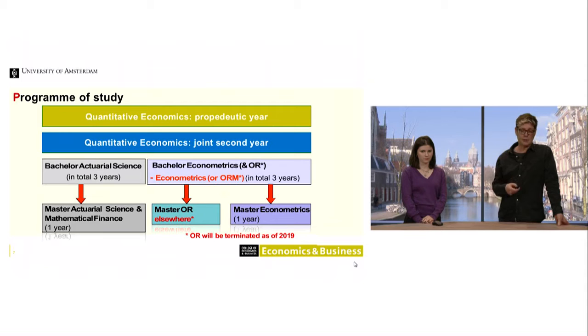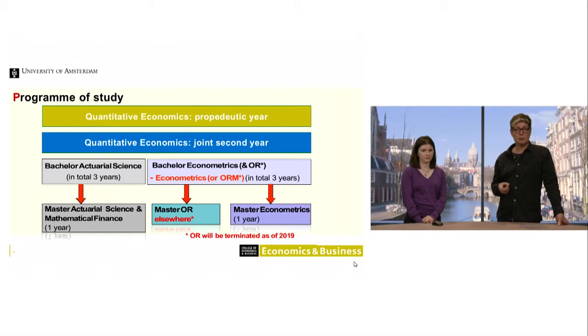In the third year, you split off and specialize. You will go into the Bachelor of Actuarial Science and get specific courses, or you have a bachelor in econometrics and OR. I must say that OR will be phased out. This year you can still go for operations research, but it will be phased out slowly in the years after.